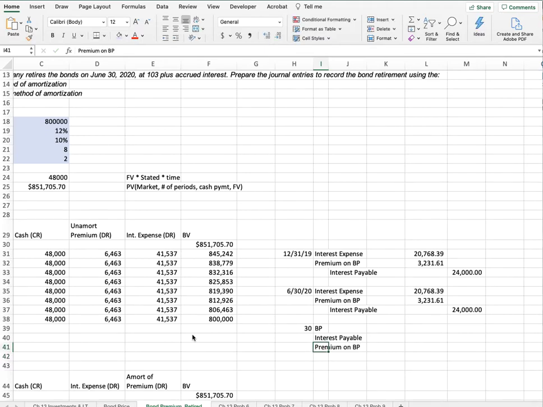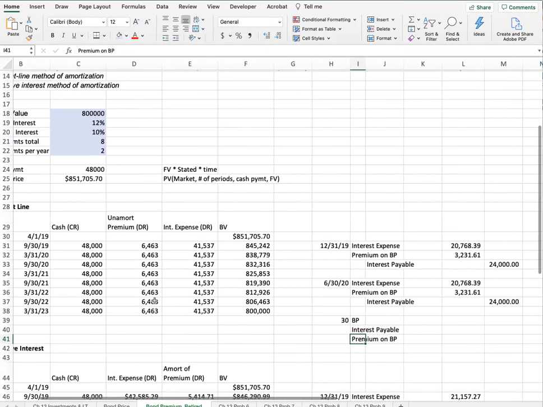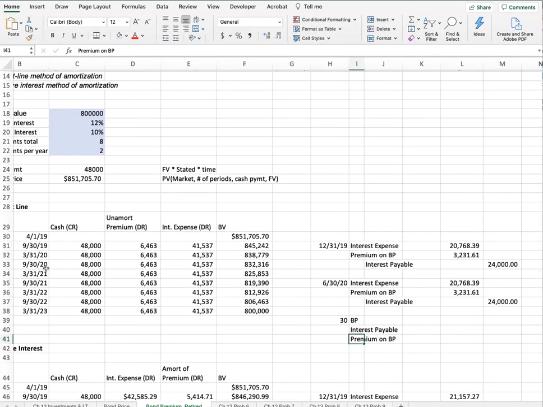And so let's see, at this point, September 30th, we have the book value of $832,316, but we also just dealt with this additional premium.